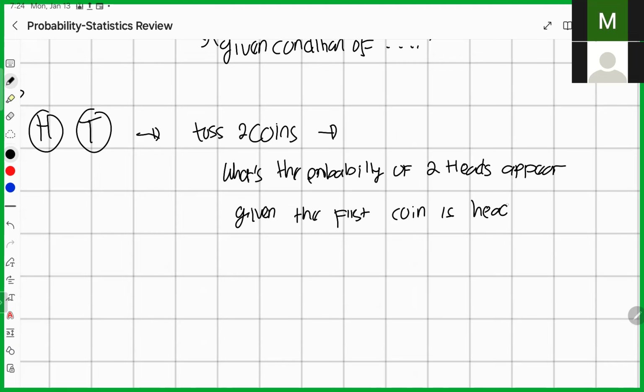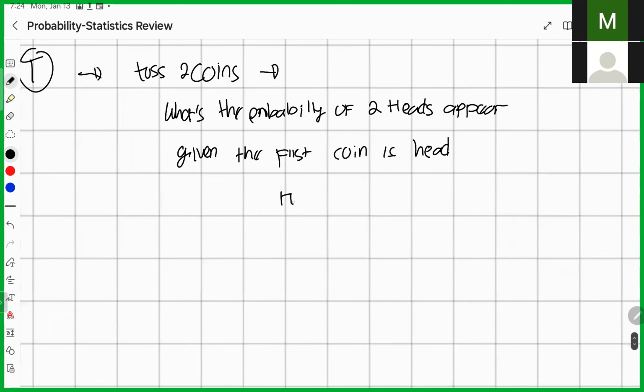So you want the condition, and the result will look like this. What's the probability of landing heads, given the first coin is heads?